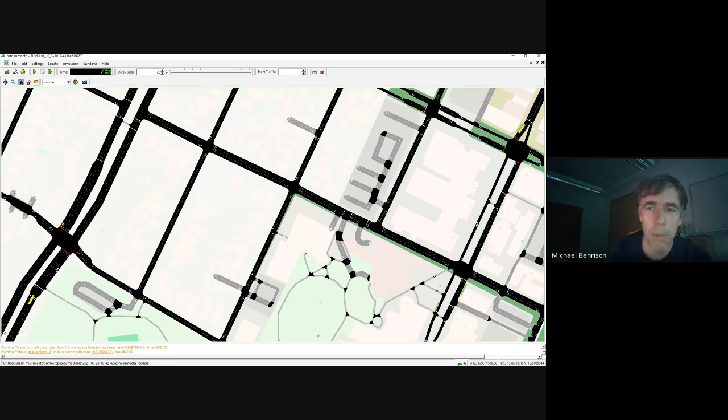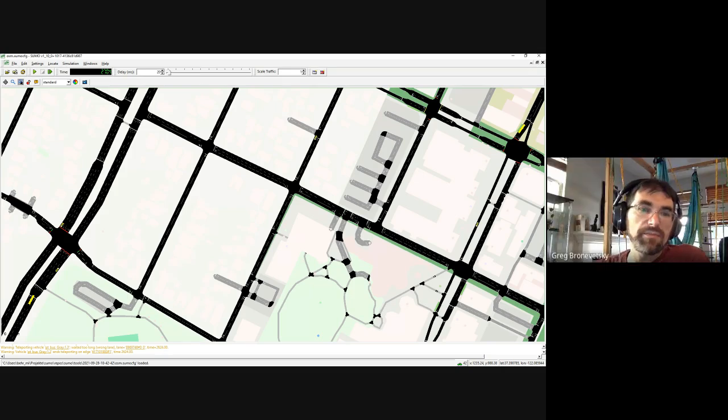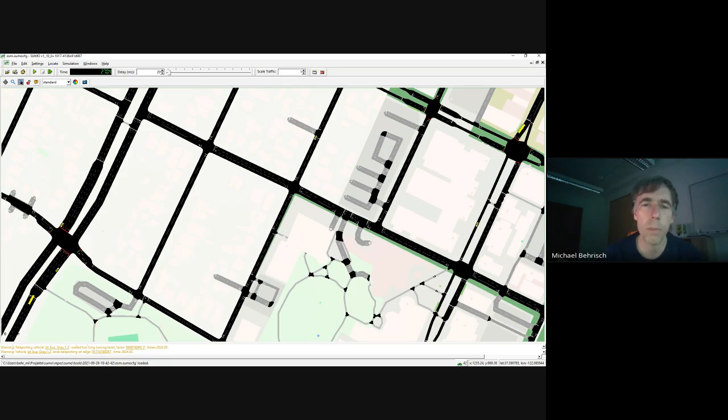So maybe the sound was not optimal, but the question was, how do we know about the intersection types? So in OpenStreetMap, it is labeled whether it is a traffic light or a priority intersection.